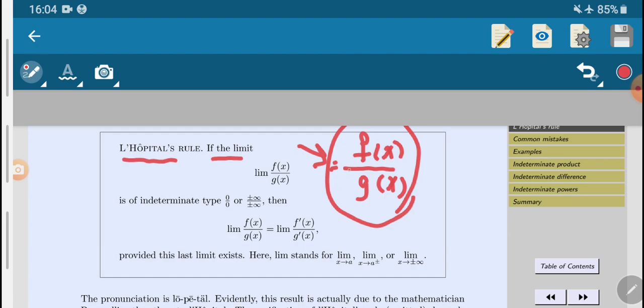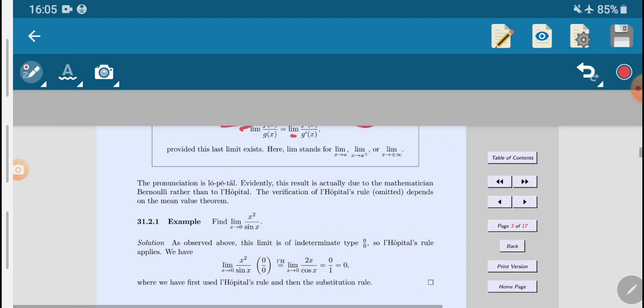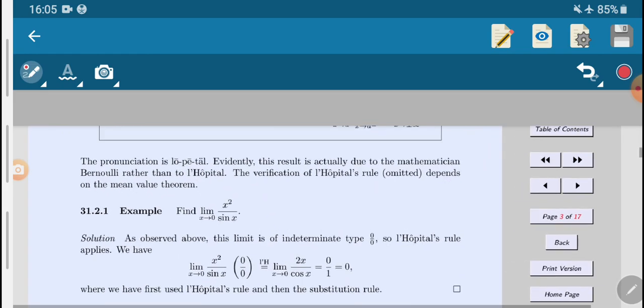We can find the same limit by finding the derivative of the numerator and the derivative of the denominator, then determining the limit after that. So the L'Hopital rule gives us a limit of the quotient in another form with the same limit, after differentiating the numerator and denominator. How to do that? Let's see.